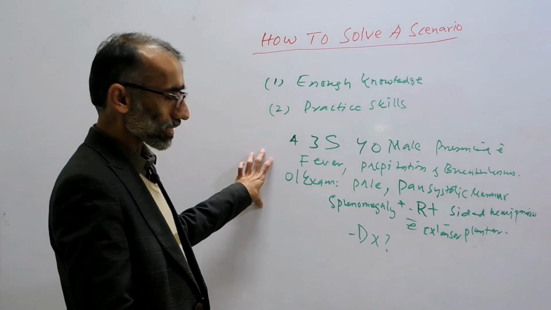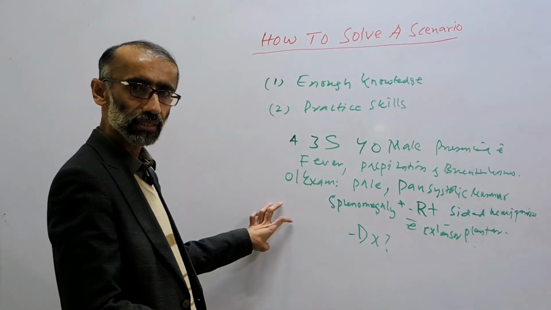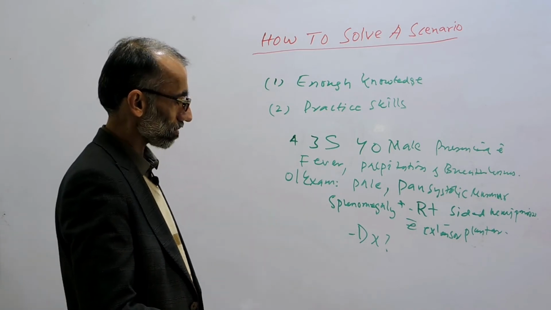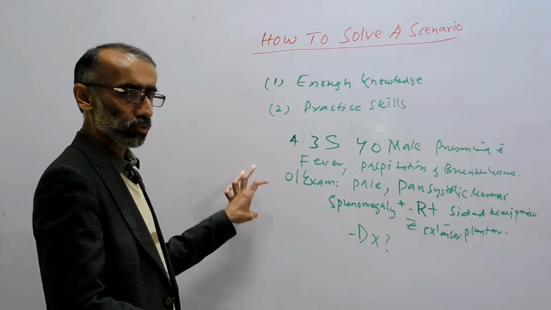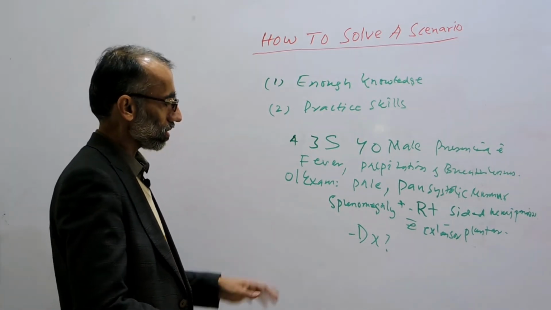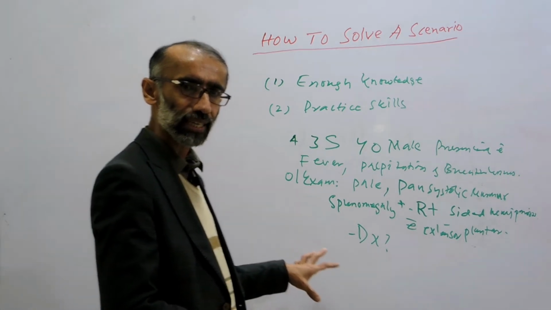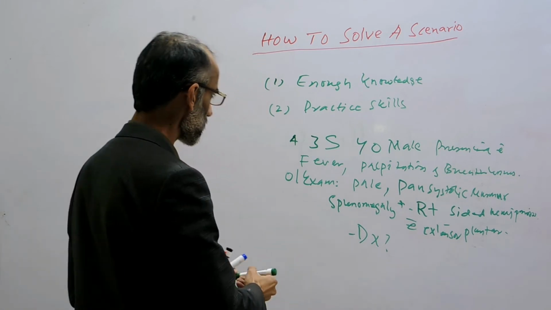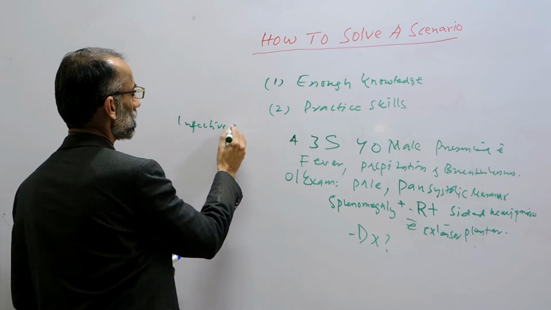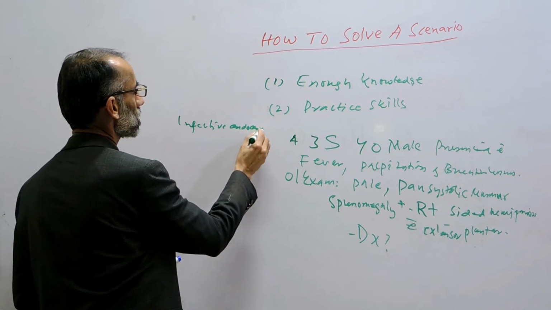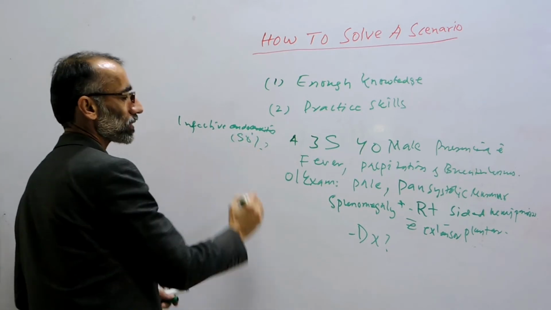Here in this scenario, 2 parts of the question are linked. If you mention the diagnosis is infective endocarditis, you will get 50% marks.